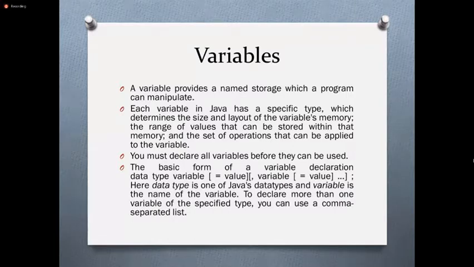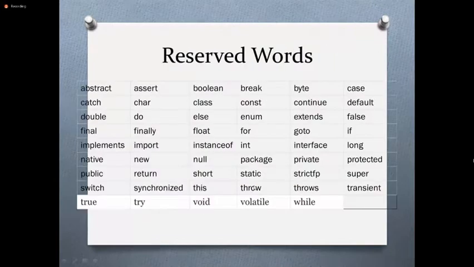In Java, you must declare all variables before they are used. The basic form of a variable declaration is data type, then variable name, then the equal sign, then value. If a set of variables are defined with the same type, you can use the comma. Here it says data type is one of Java's data types.